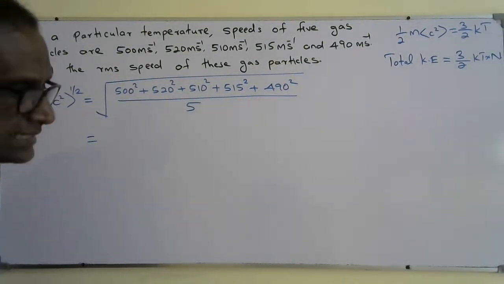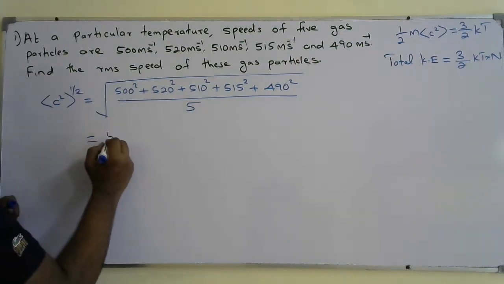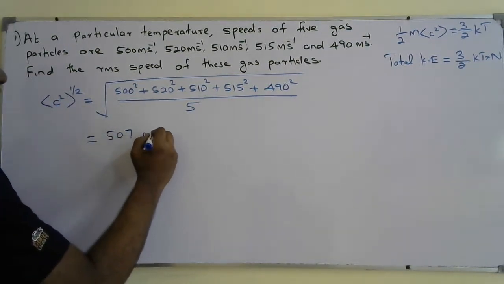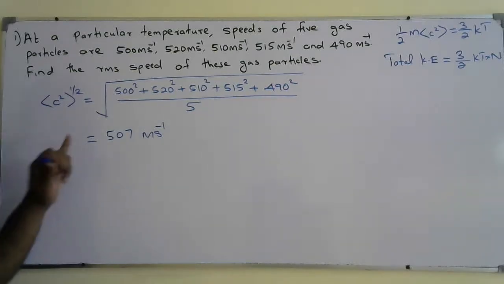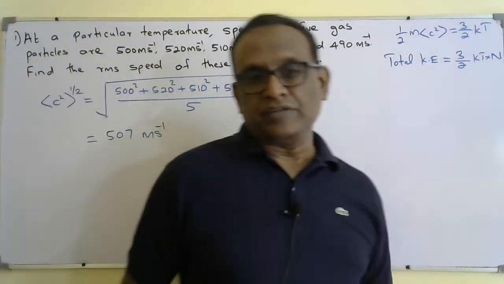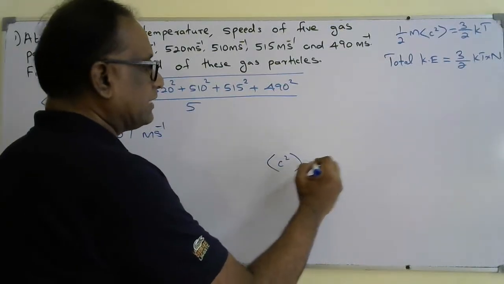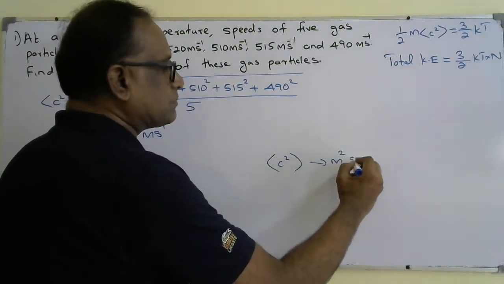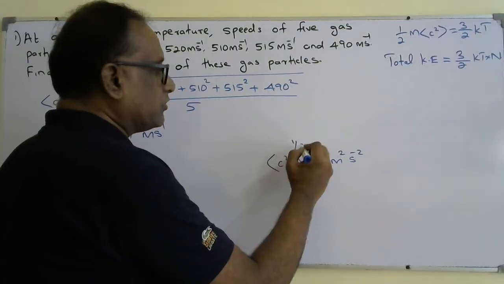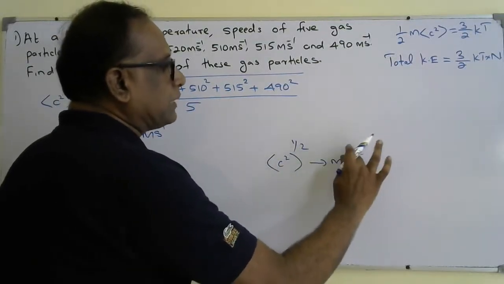So that will be 507.11. So we can say 507 meter per second. This is the r.m.s speed we found. Unit of mean square speed is meter squared s minus 2.